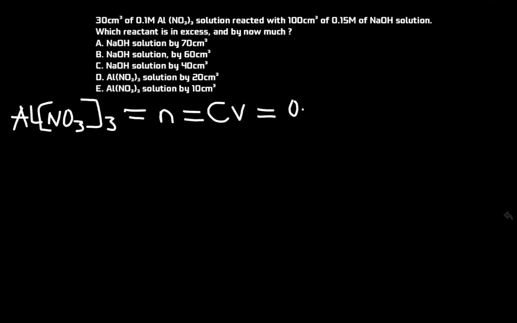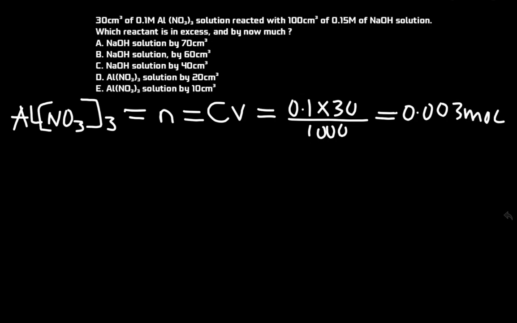So 0.1 times our volume, which is 30 cm³. And since it's cm³, you divide by 1000 so that we can get dm³. You arrive at 0.003 mole. So this is the first step.